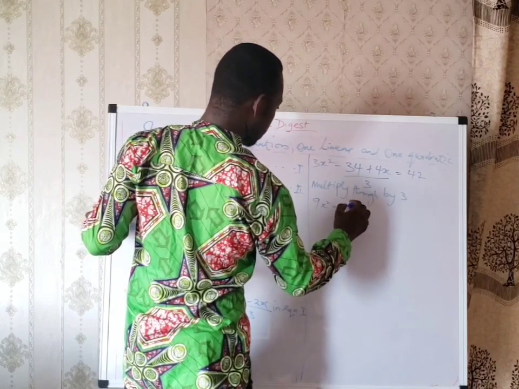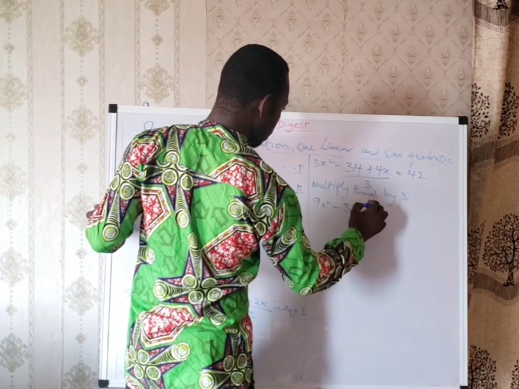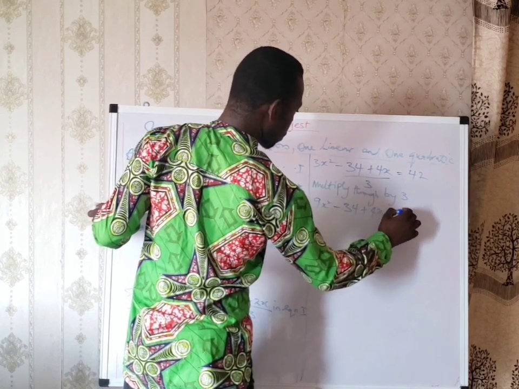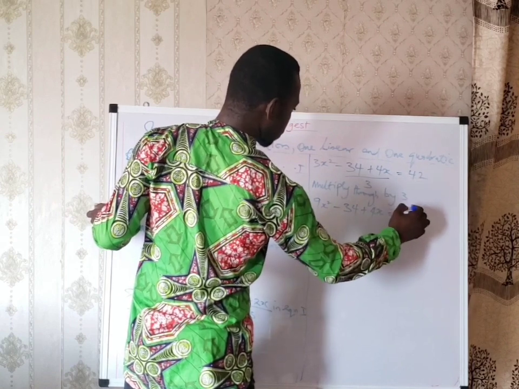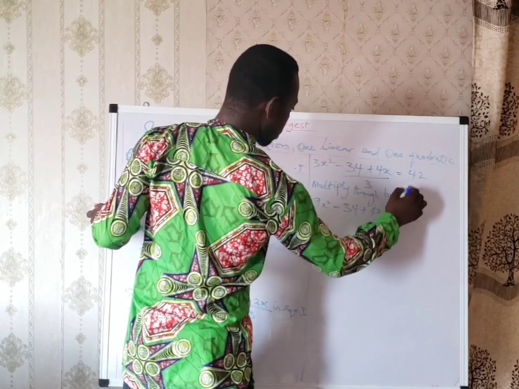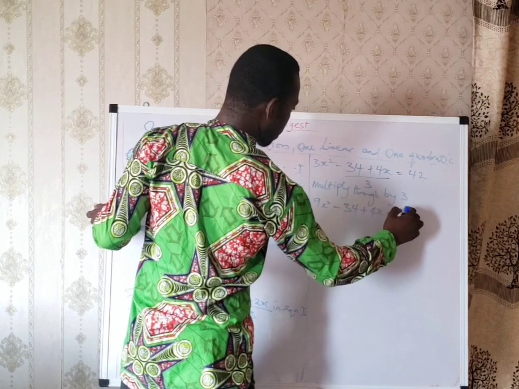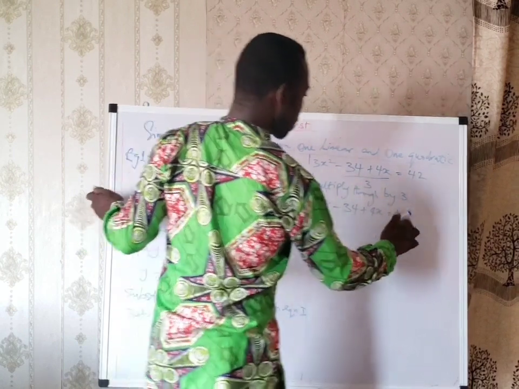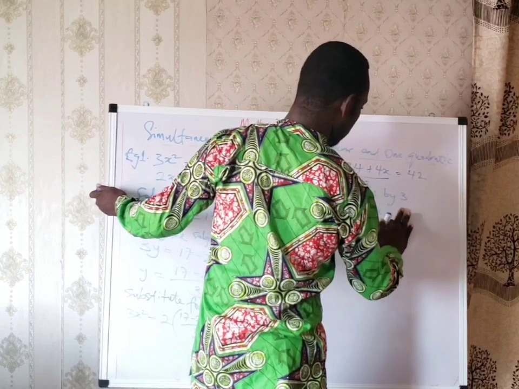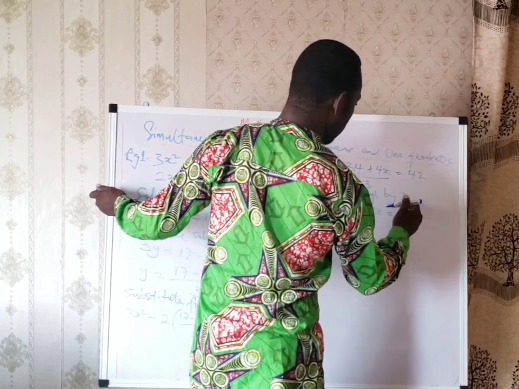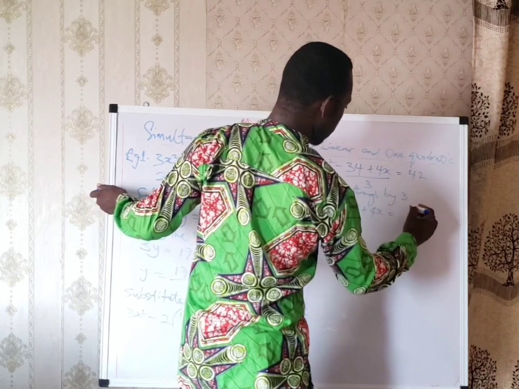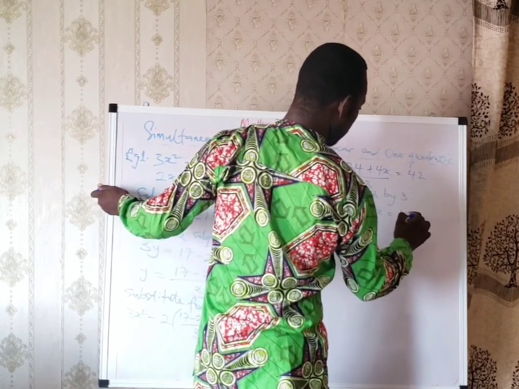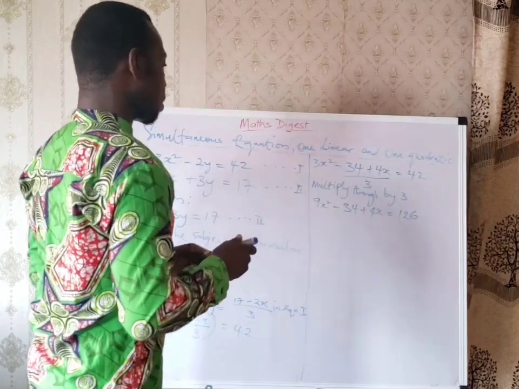Now we have minus 34 plus 4x equal to, this times this will give you 2, this times this will give you 12 plus 1 is 13, this times this will give you 6, okay. This times this will give you 12, so we have 126, okay.